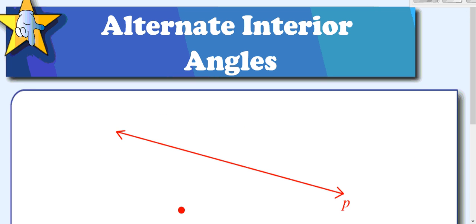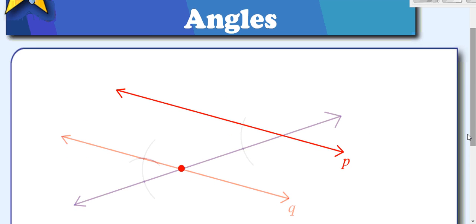So another type of angle relationship is alternate interior angles. So you can do the same thing. If you've got parallel lines cut by a transversal, which the construction will create parallel lines with transversal.